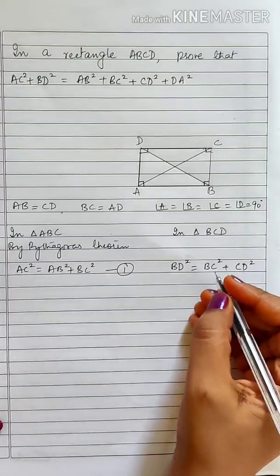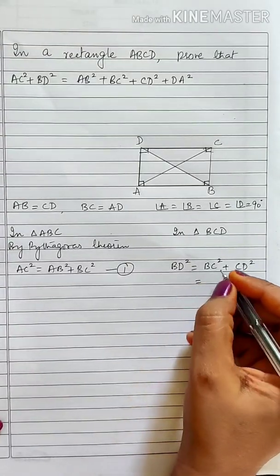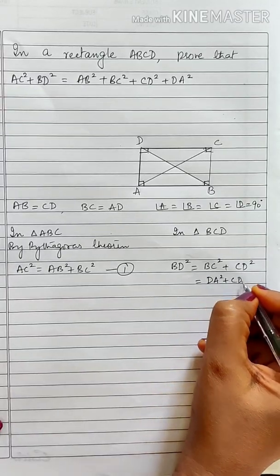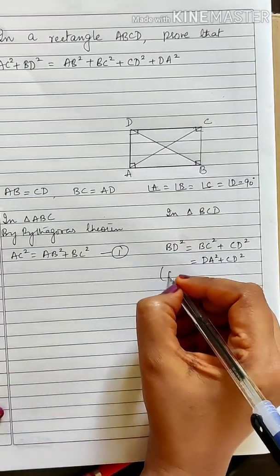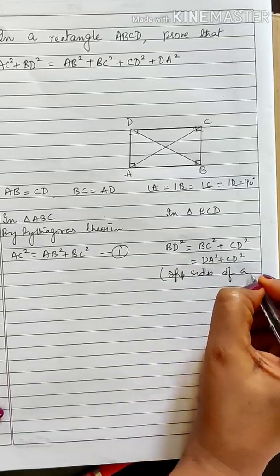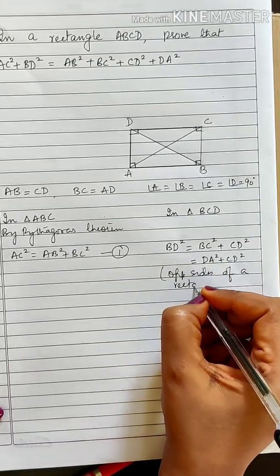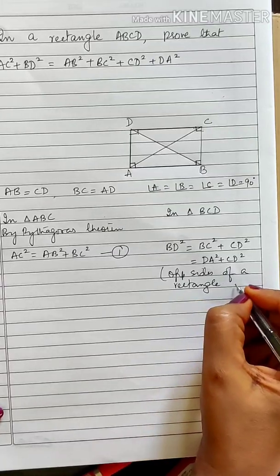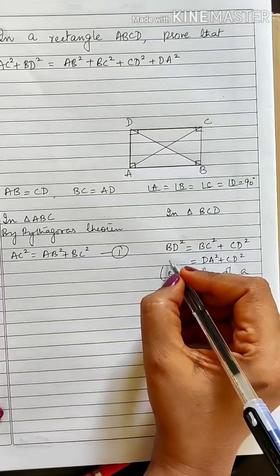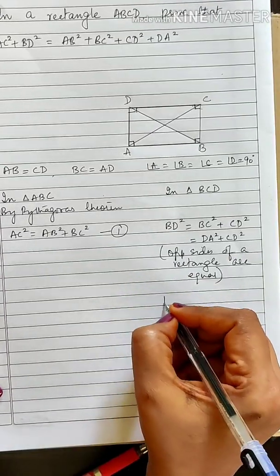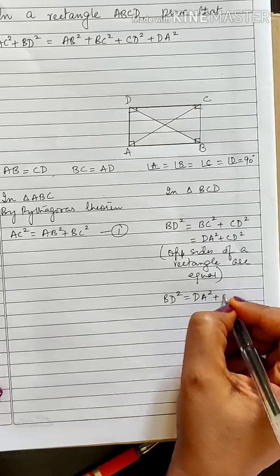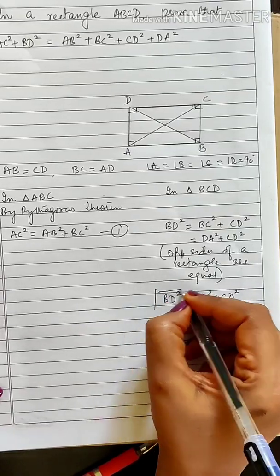Now, but you know BC is equal to DA. Opposite sides of a rectangle are equal. So you get BD square is equal to DA square plus CD square.